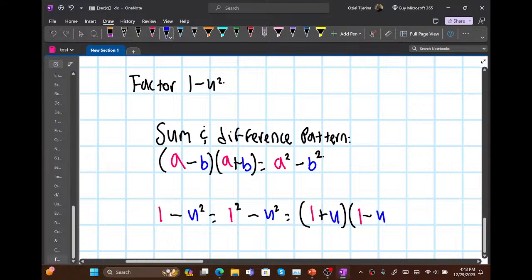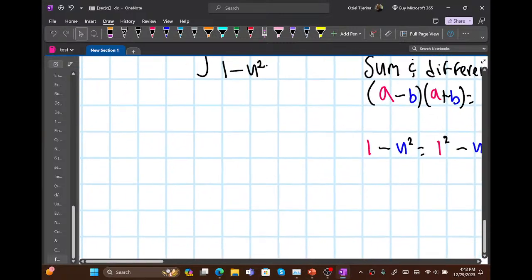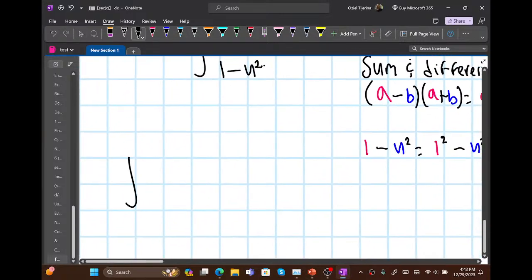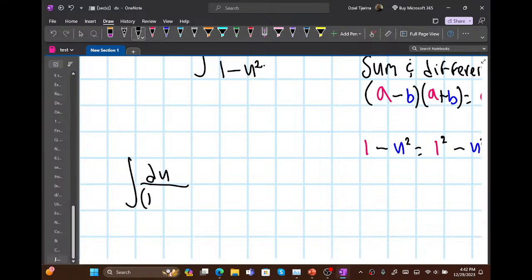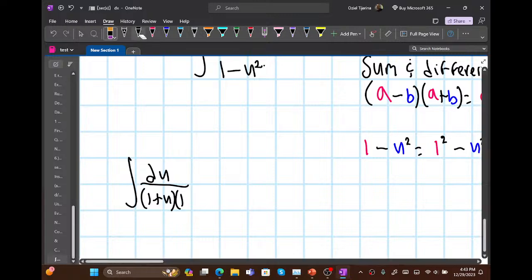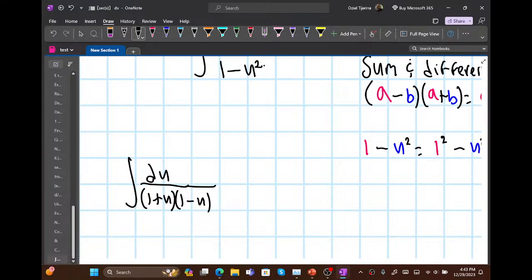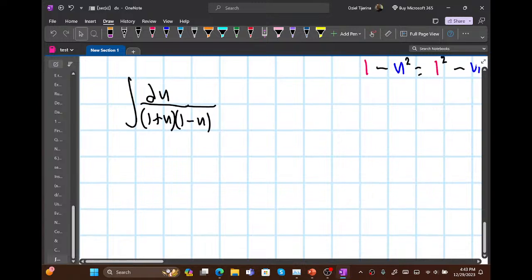And so, the way this is going to go is the following way. We have the integral of du over the quantity 1 plus u times 1 minus u. We need to do partial fraction decomposition. We have to. In other words, yes, you can write it this way. You can also write it the following way as well.